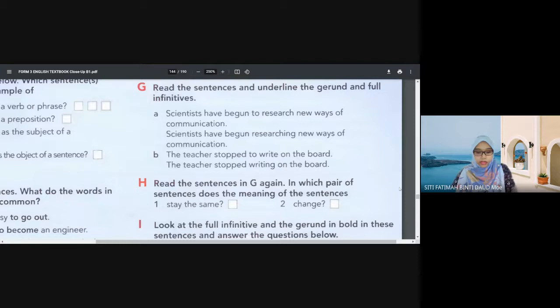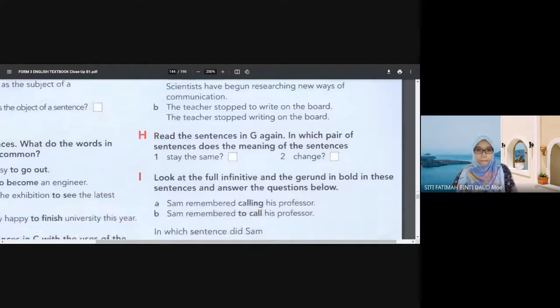But we use this one: the teacher stopped writing on the board. And the meaning change is in A. Scientists have begun to research means they just start researching, have begun researching new ways of communication. So this one should be the first one.